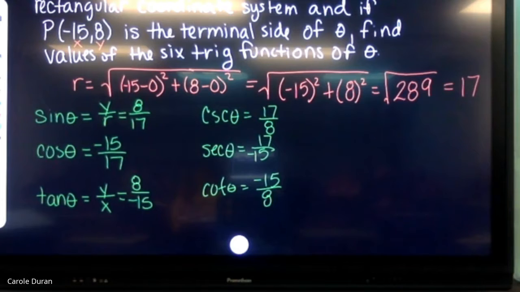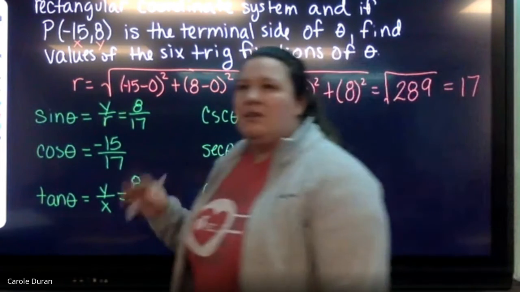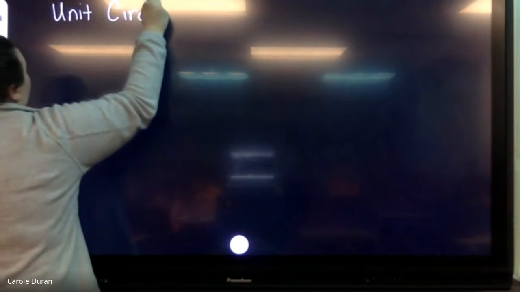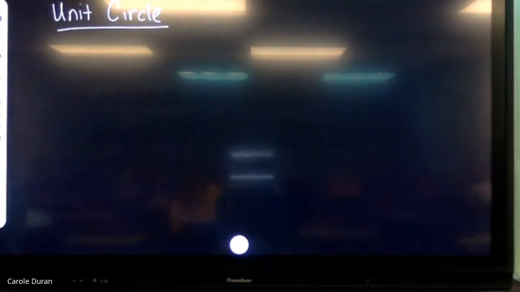So then let's say I'm not talking about any circle. Let's say I'm talking about a very specific circle called our unit circle. This is primarily what we're going to work with in trigonometry. The unit circle is a circle that has a radius equal to 1.